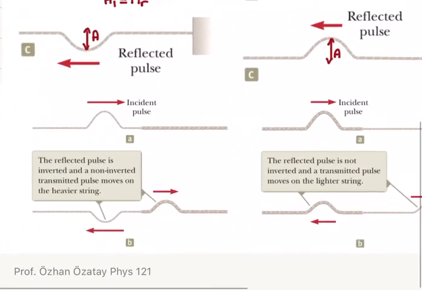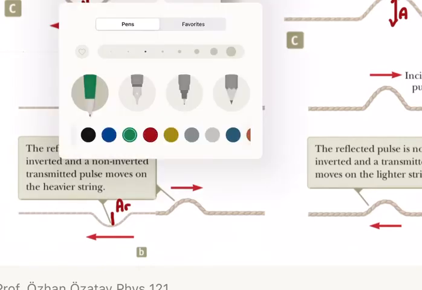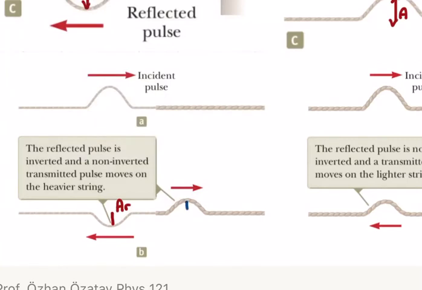If the pulse travels from a light string to a heavy string, then we find that the pulse is going to partially reflect and partially transmit. The reflected portion will have an amplitude that is smaller than the transmitted portion. So the reflected amplitude here is A sub r. The transmitted amplitude here is A sub t.